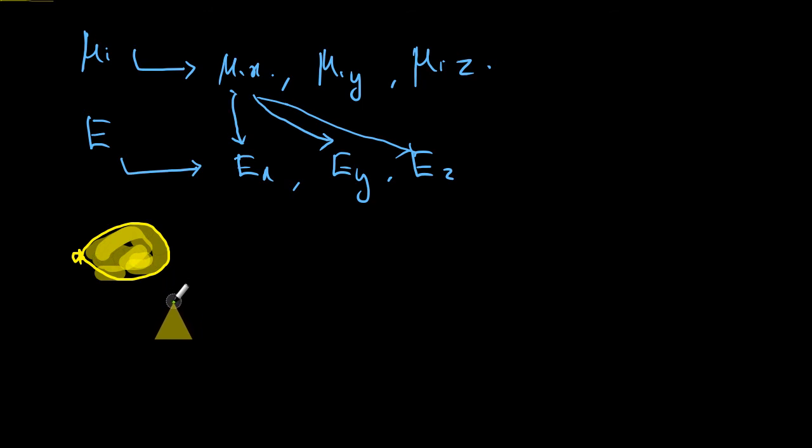And what I am going to do is look at this balloon from all directions. Let me look at this balloon from the x direction. This is the x direction. I can look at this balloon from the z direction. This is the z direction. And I can look at the balloon from the y direction as well.